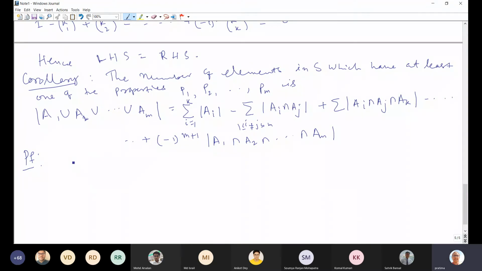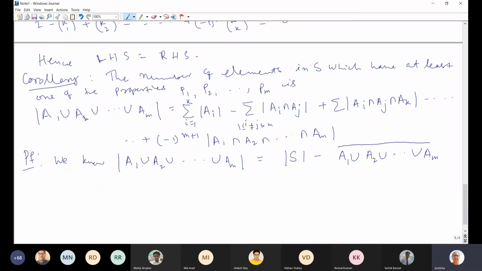So it is very easy to get now. We know that the cardinality of A1 union A2 union up to Am is equal to the cardinality of S minus the cardinality of the complement of the set A1 union A2 union Am, whole complement I am taking.